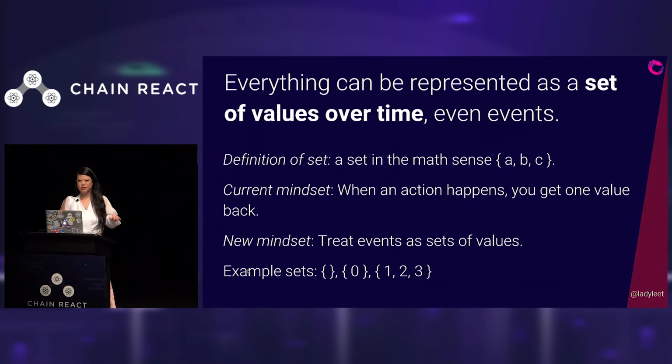When I say set of values over time, I mean set in the math sense, right? The current mindset is that when an action happens, one thing happened. But if you start treating things as sets of values, then all of a sudden you can do really cool things with your data. Examples of sets could be an empty set, a set of 0, or just a regular set.